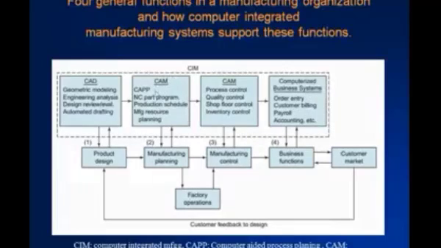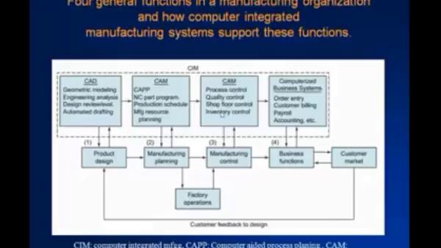The first CAM is related to CAPP, that is computer aided process planning, the NC part programming, and the scheduling of the production process, that is related to manufacturing planning. The CAD is about the product design.